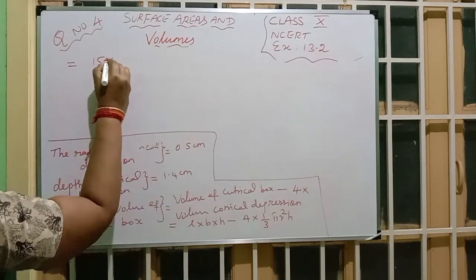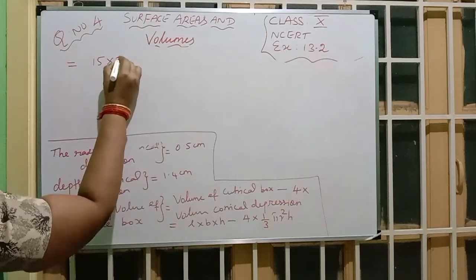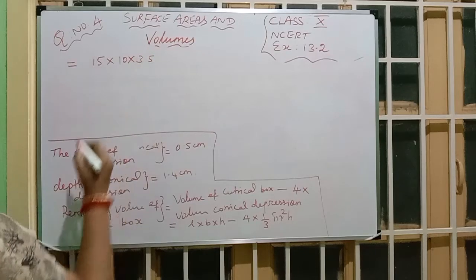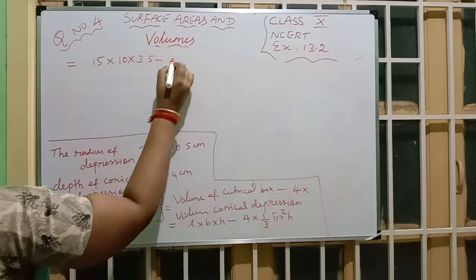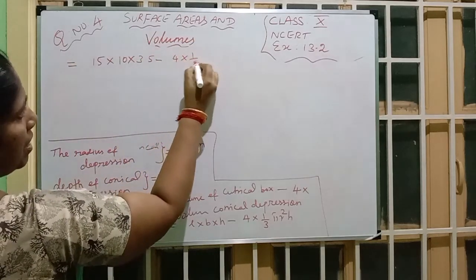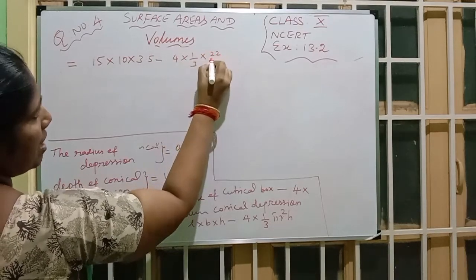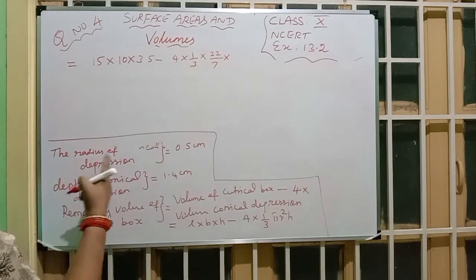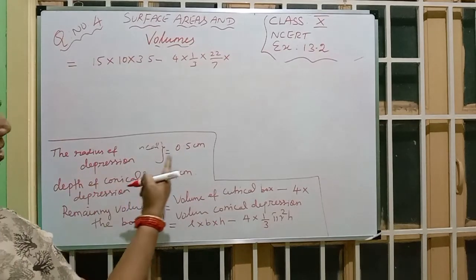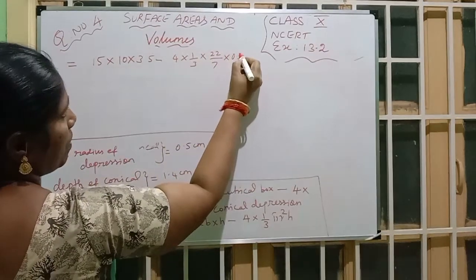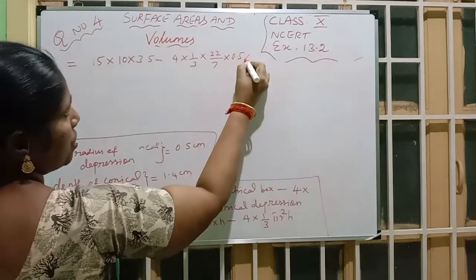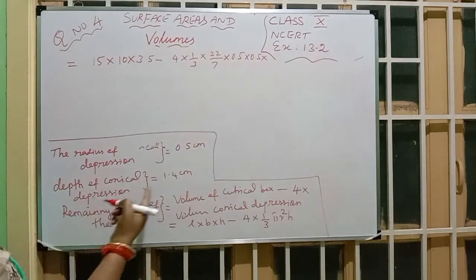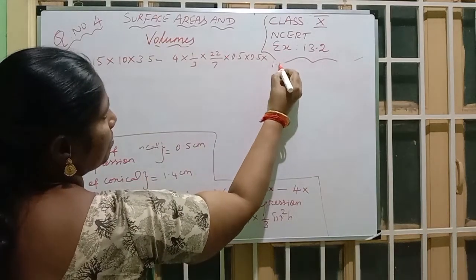So 15 into breadth 10 centimeter, into height 3.5 centimeter, minus 4 into 1 by 3 into 22 by 7 into radius 0.5, so 0.5 into 0.5 into h, depth is 1.4.